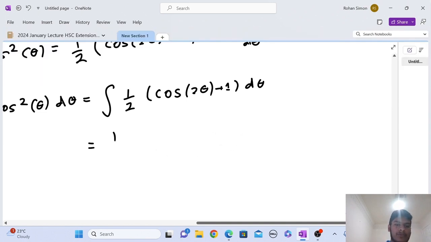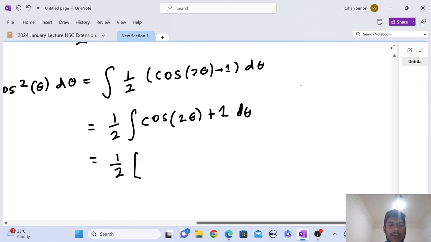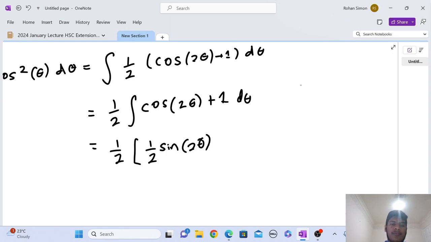So if we pull out the factor of 1/2, we end up with the integral of cos 2 theta plus 1 d theta. And so we end up with 1/2. The integral of cos 2 theta, as we showed up here, is 1/2 sine 2 theta. Plus the integral of 1 is just going to be theta.